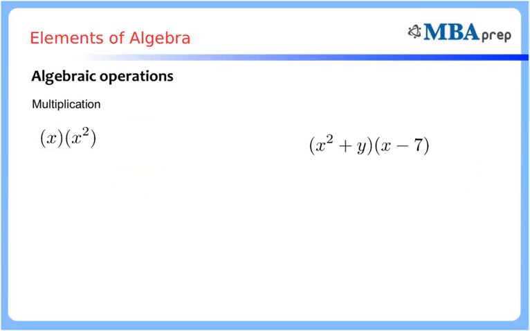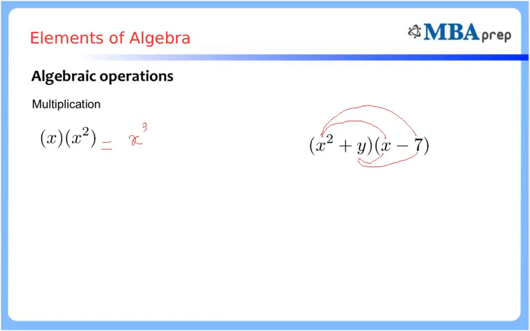The multiplication between symbols follows the same standards. In this case, x times x squared is as if we had 2 times 2 squared, so it's x to the third. And in this case, just remember to cross multiply each term with each term.